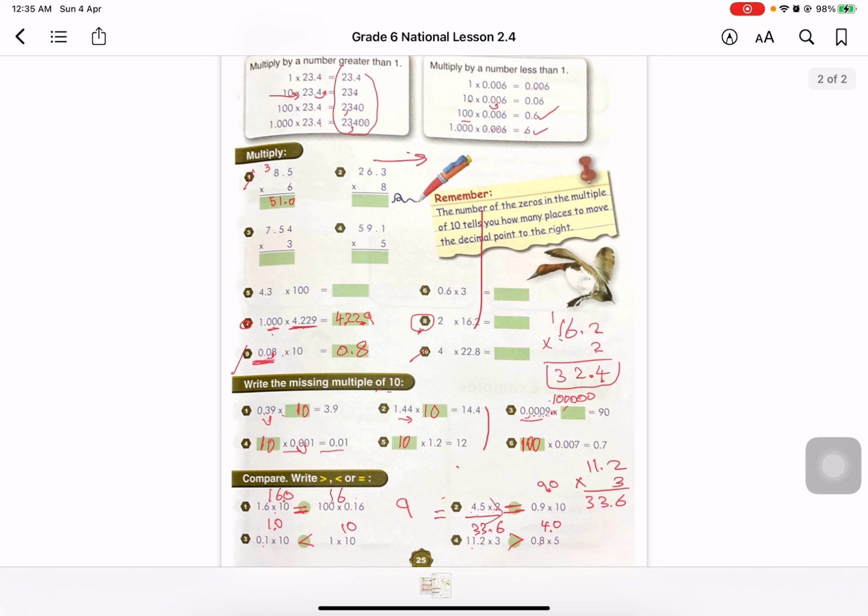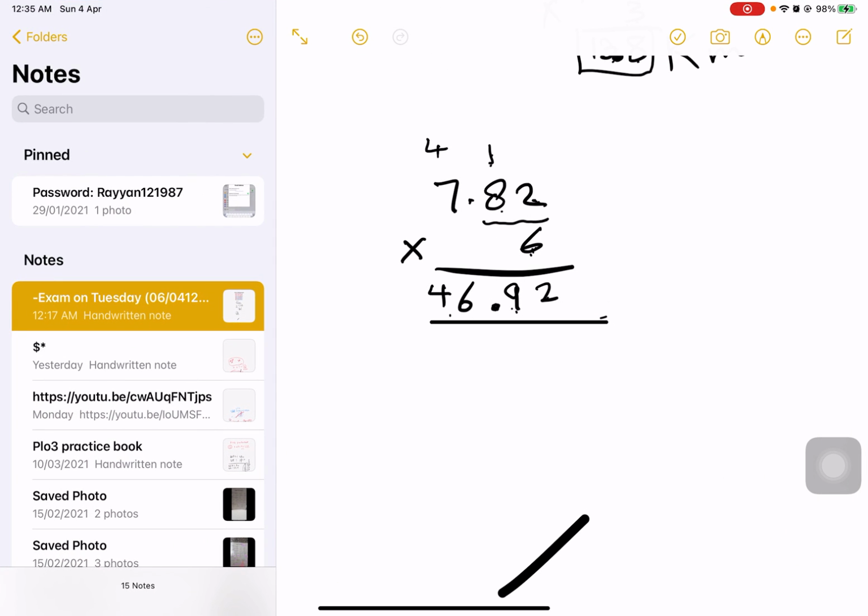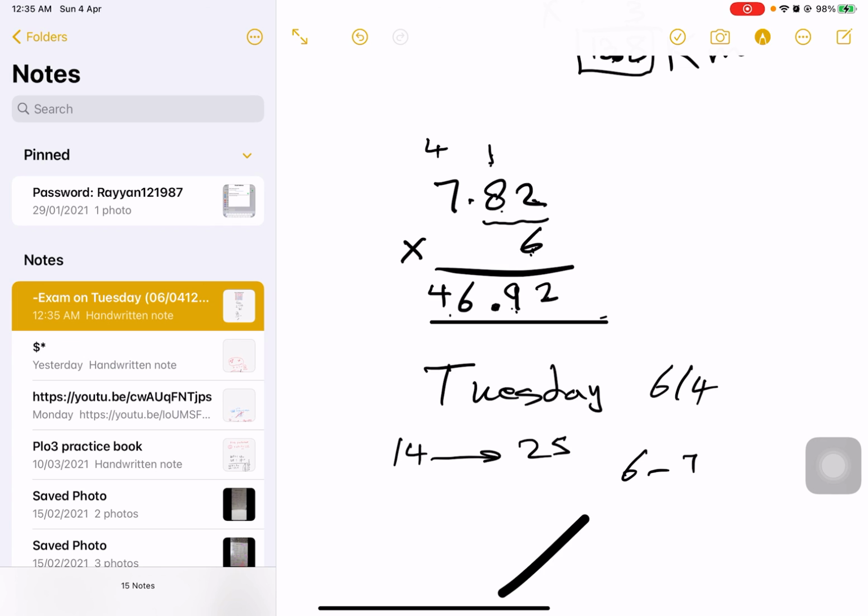Okay, it's on Tuesday, 6th of April, and the pages will be from 14 until page 25, and your exam will be from 6 to 7 on Tuesday. Okay, from 6 to 7, from page 14 to page 25.